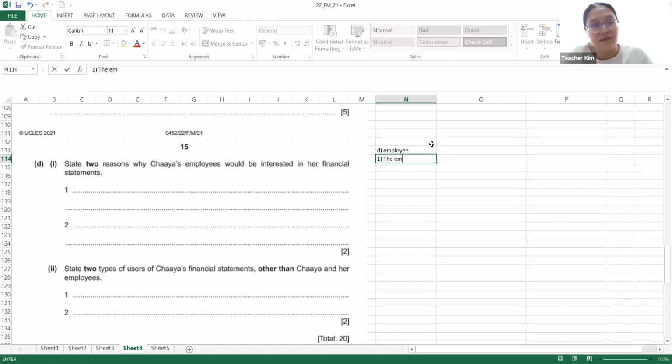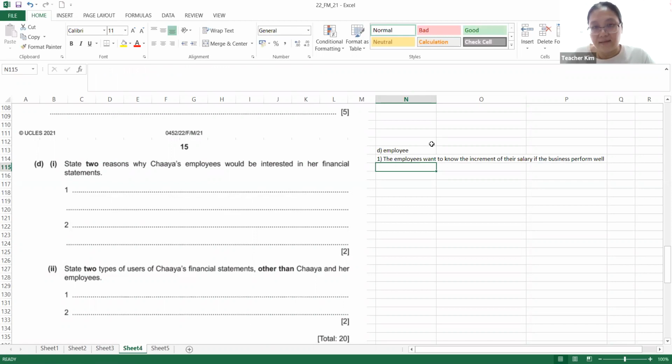The employee wants to know the increment of their salary if the business performs well. Other than that, if the company is doing well, you have the prospect to work longer there.